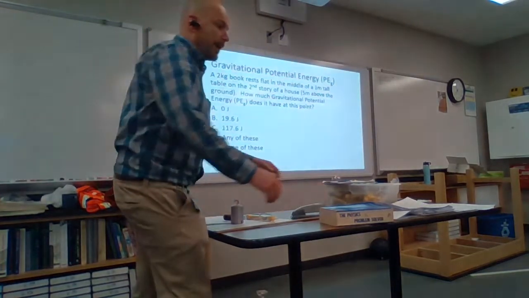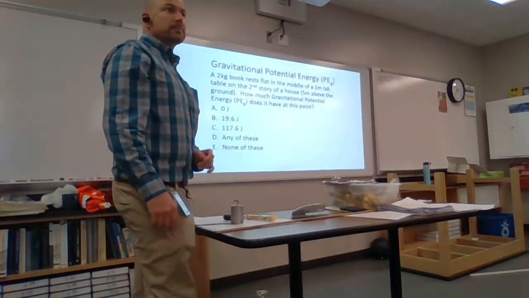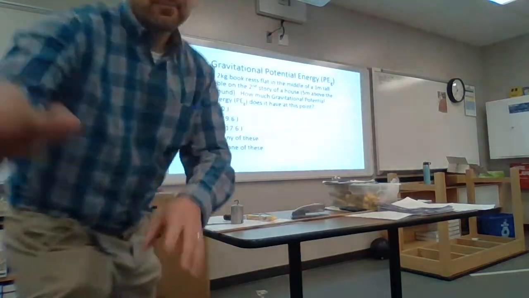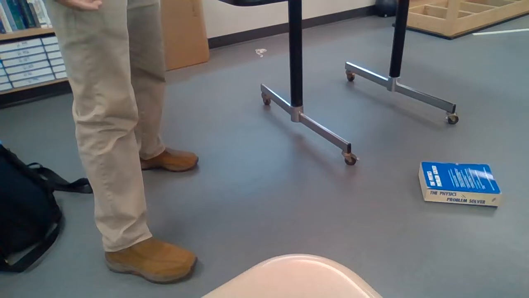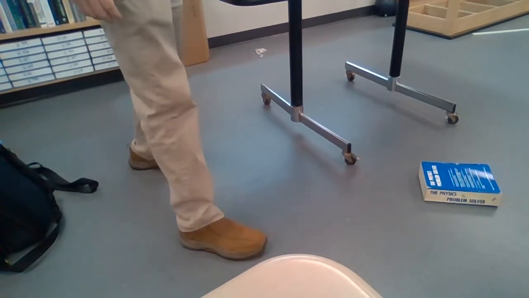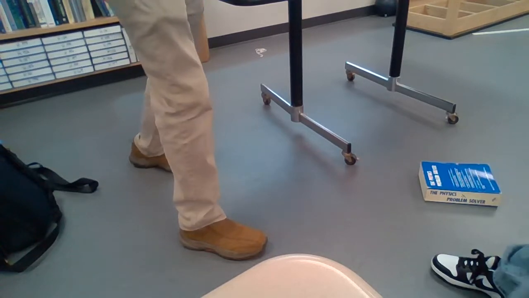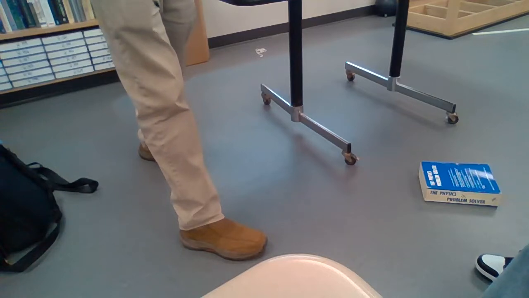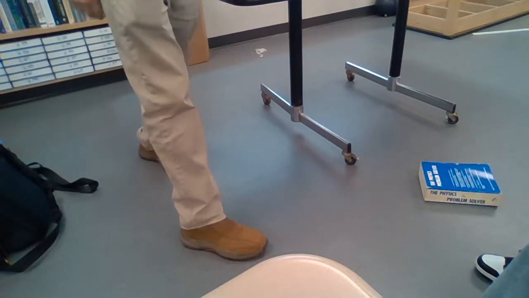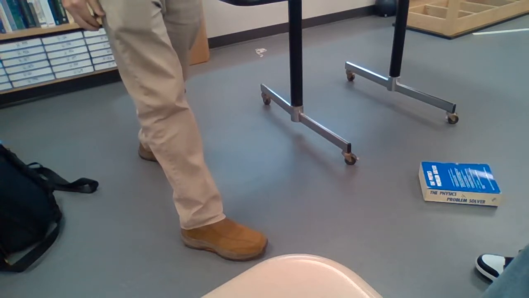Does that make sense? If the book does this, the lowest point that you care about is the floor. Make the floor ground zero. If there happens to be an earthquake and the floor is ripped open and the book falls all the way to the grass, because we're on a second story, well, make the grass ground zero.